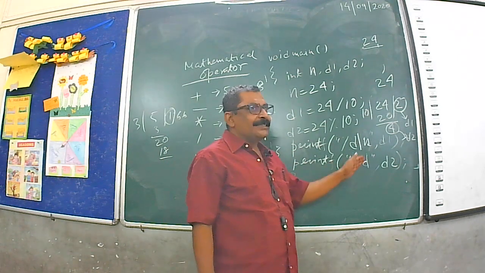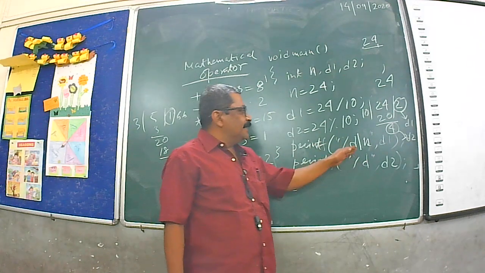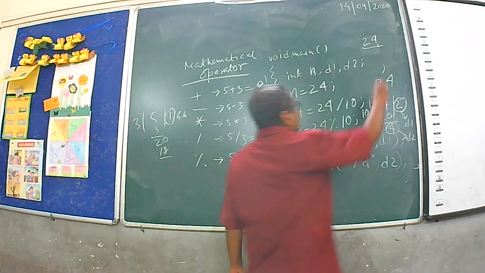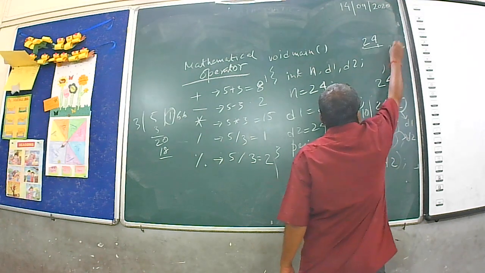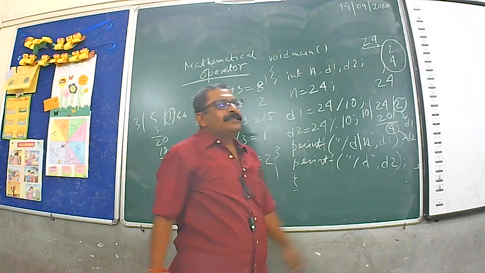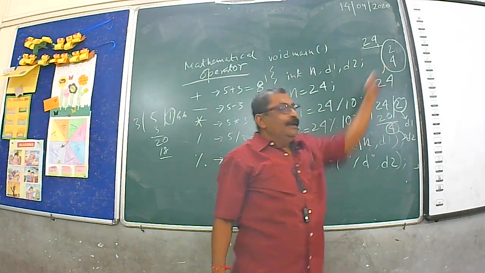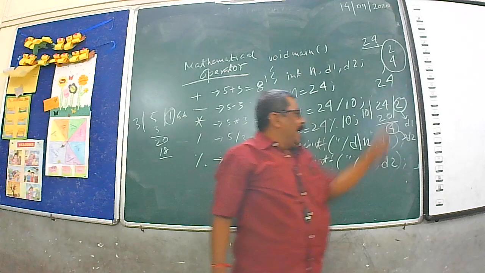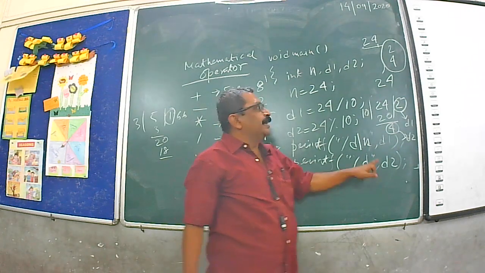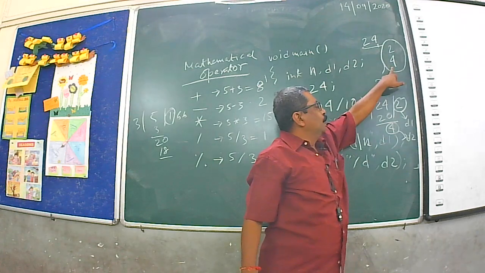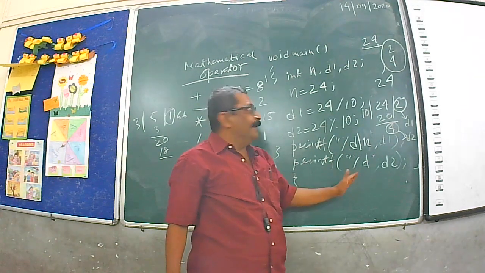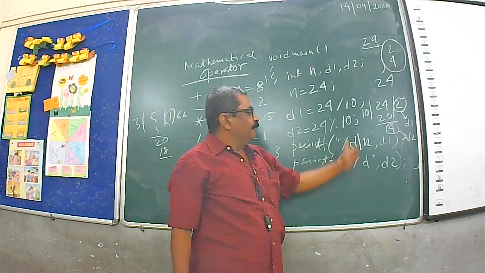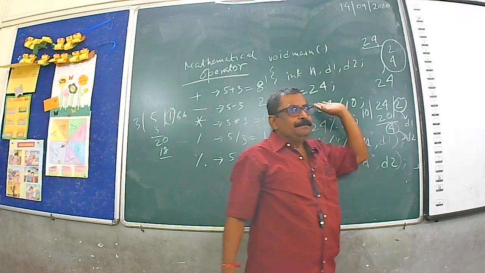When you put backslash n with the percentage D within double quotes, the output will change. The first line will print 2, and due to backslash n the cursor comes to the next line and prints the value of D2, that is 4. So if I do not give backslash n, then it will print one after another. If we put a blank line in the first statement, then it will print like that.